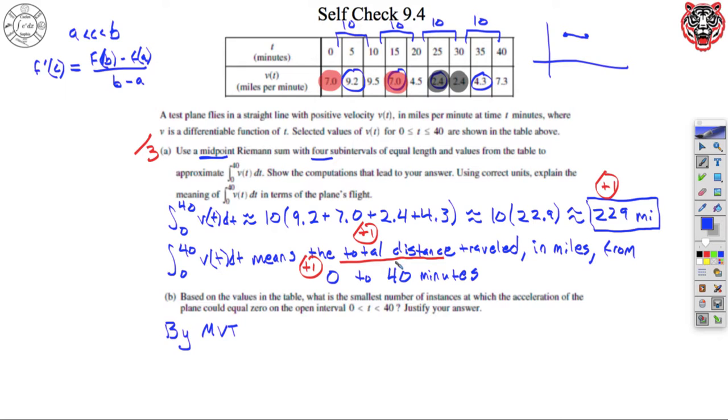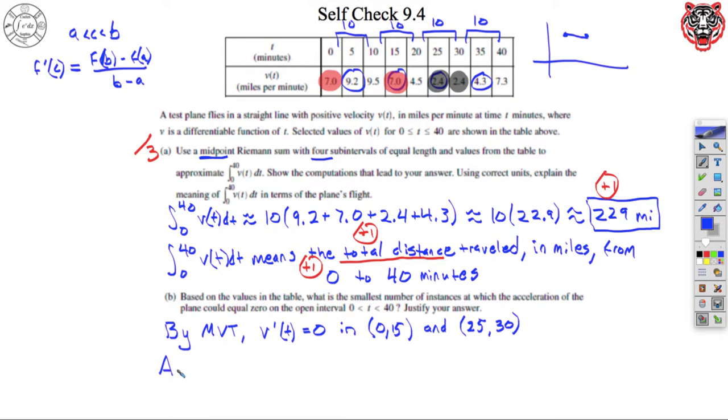So how do we say that in a sentence? We say by MVT, v prime of t, the derivative, must be equal to 0 in those intervals. So between 0 and 15, and the other interval, which was from 25 to 30. All right, and so by MVT, that happens.